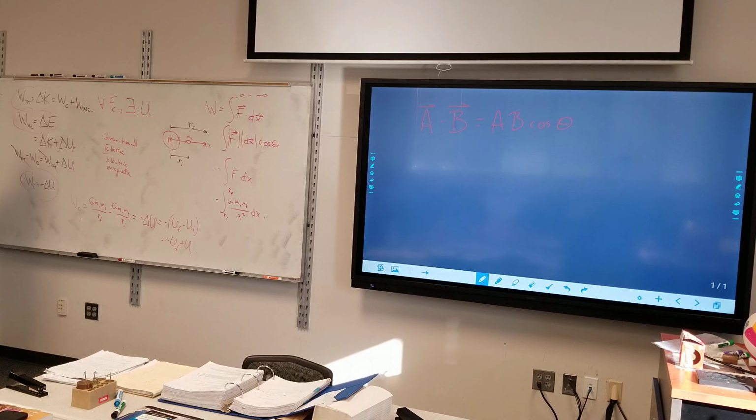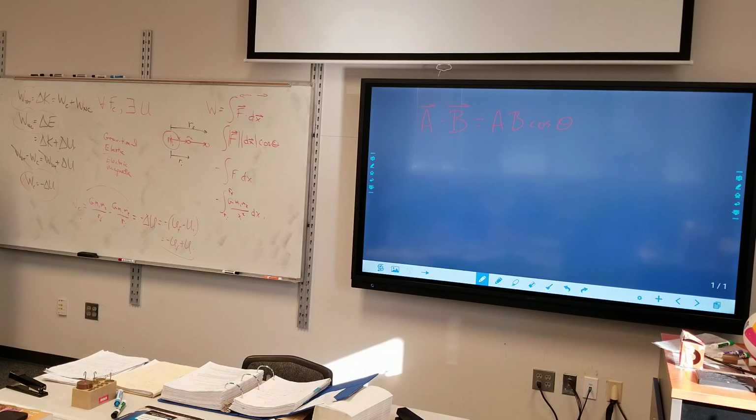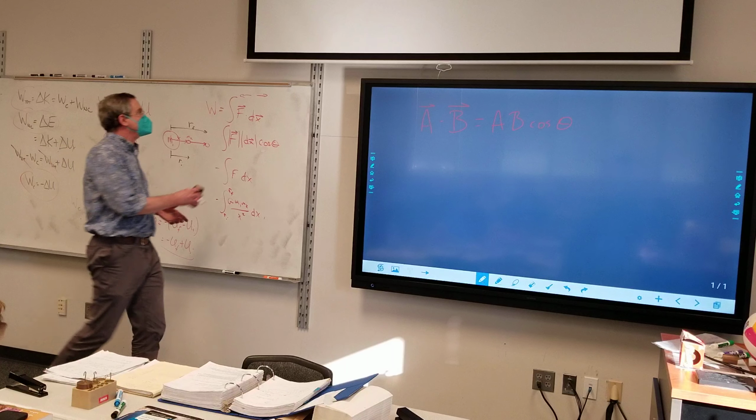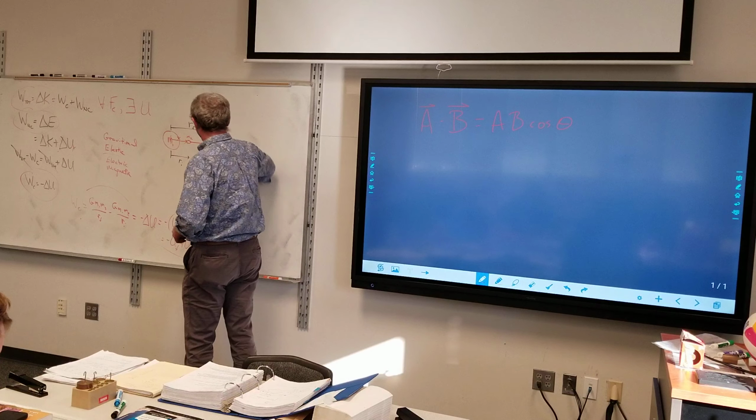So the question is, what is a formula for this potential energy which will make this true? I have this equal to this. What is a formula for U that would satisfy this equation?